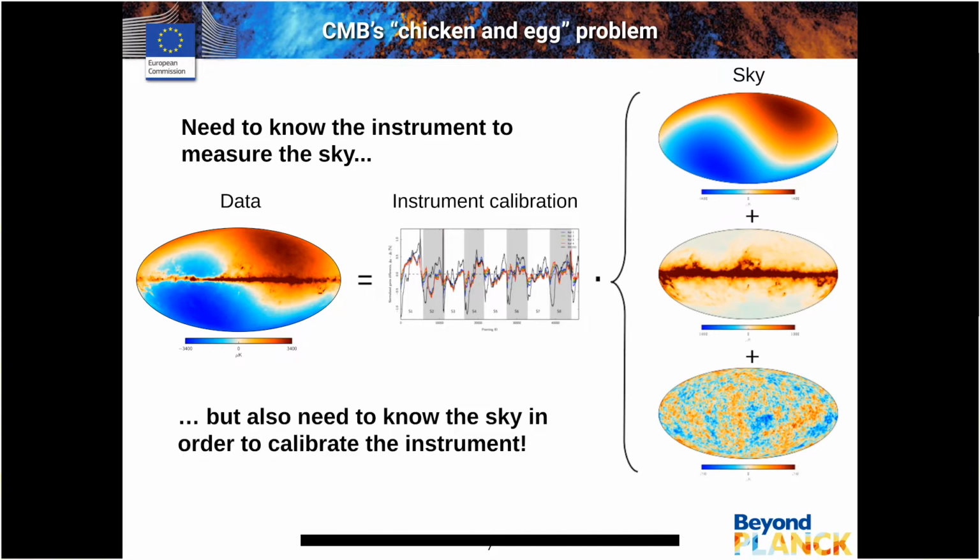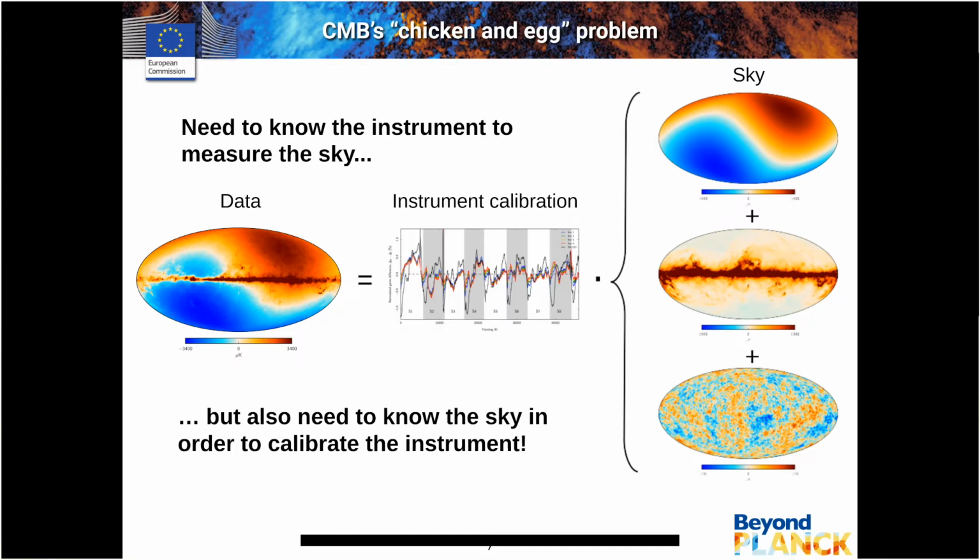But of course, the best way that we have, especially for these full sky experiments, to calibrate your instrument is to compare them to the maps of the sky. So you look at the signal that you expect, and then you look at the signal that you have, and you basically calculate a calibration signal there. And so obviously you can see where this degeneracy comes in, where we need to know one of these things to determine the other, and vice versa.